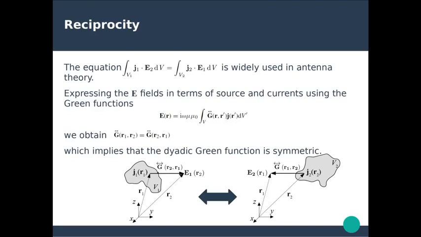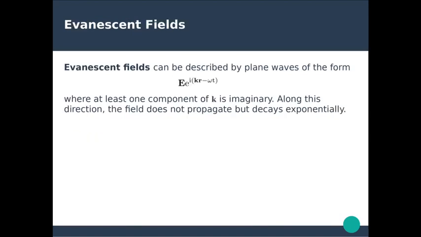So finally, the last topic I wanted to talk about: evanescent fields. The evanescent fields are a special type of fields that we're going to see quite extensively throughout this course. Evanescent fields can be described as regular plane waves, which can be expressed as an exponential.